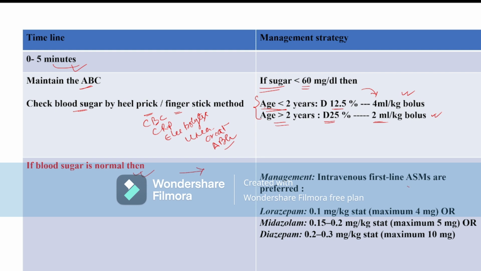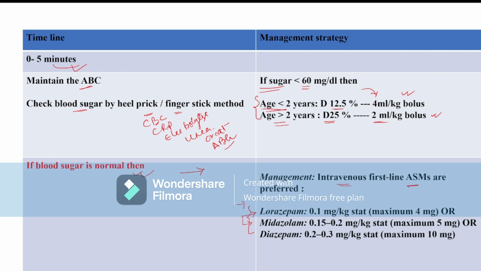That means the first line anti-epileptic drug. For the first line anti-epileptic drug, it is preferred to give benzodiazepines, and the preferred benzodiazepine is lorazepam. If lorazepam is not present, then you can give midazolam in a slow IV manner, and the dose is 0.1 mg per kg.